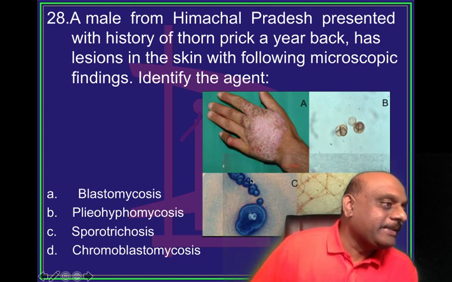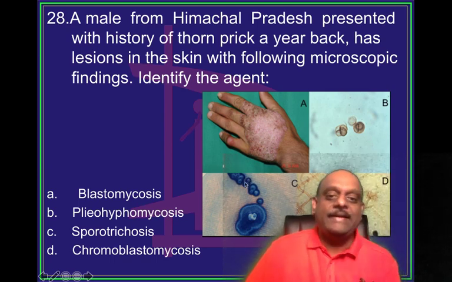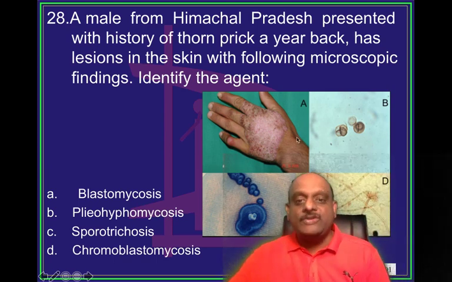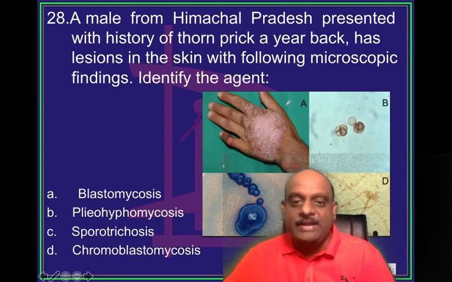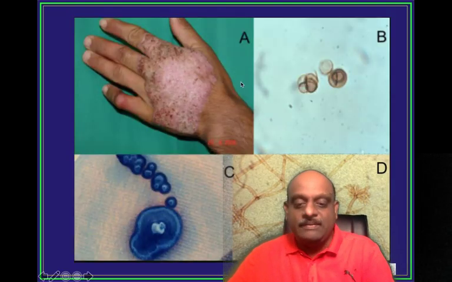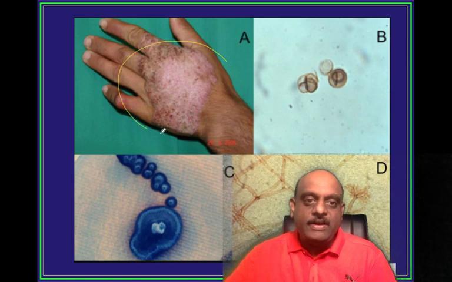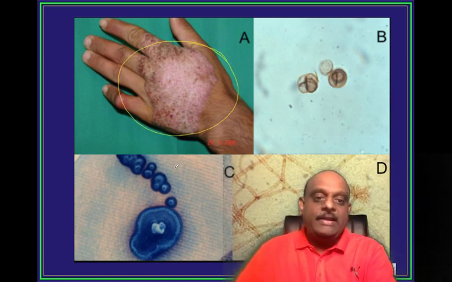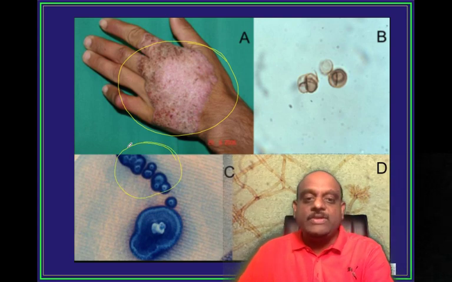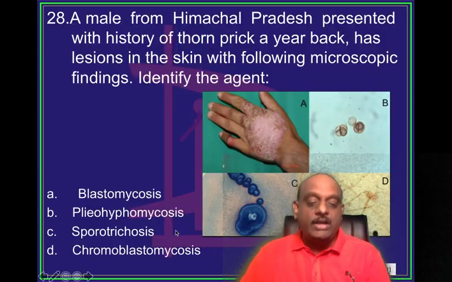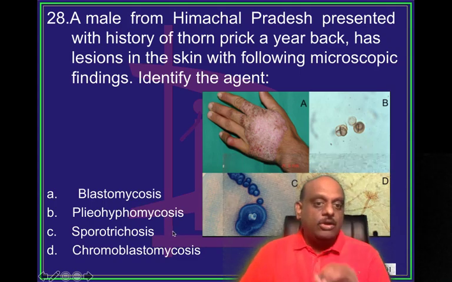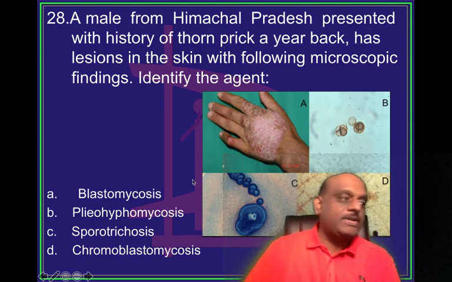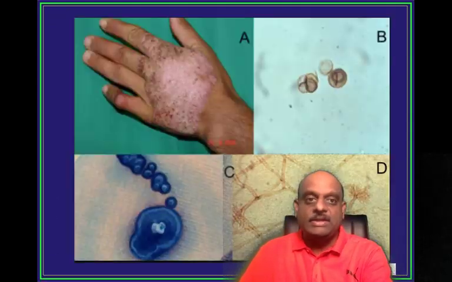But the point is, this is chromoblastomycosis, doctor. What you are having here? Verrucous lesion. This is a verrucous lesion. Verrucous lesion is a very important clue. And the appearance of this organism is an important clue to call that as chromoblastomycosis. Sudha Shukla, absolutely right.